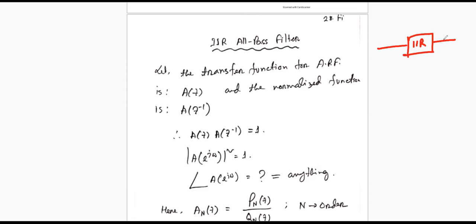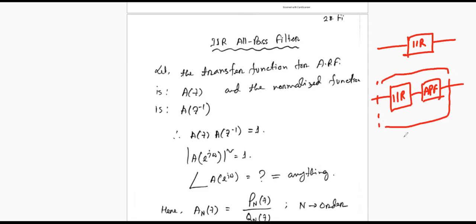To cover this up, we plan to put an IIR filter and then an all-pass filter to make it combinedly an FIR filter. In a sense, this all-pass filter also gives a nonlinear phase response. That's why this is also one kind of IIR type filter.